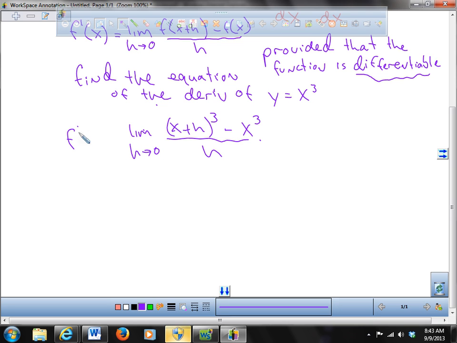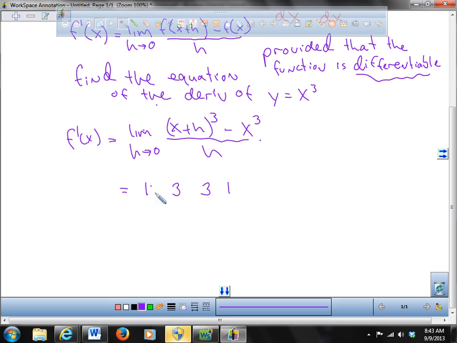So f prime of x is equal to this. Since I taught pre-calc for a number of years, I remember the binomial expansion. If you don't remember that, you would have to multiply x plus h times x plus h times x plus h. Or you could remember that the coefficients are the coefficients in Pascal's triangle in the fourth row down. Okay? 1, 3, 3, 1.